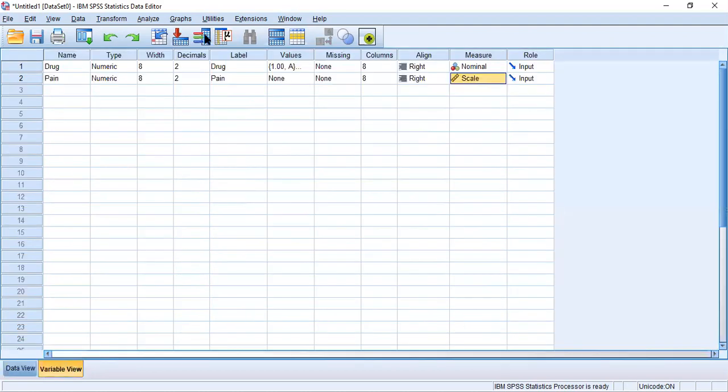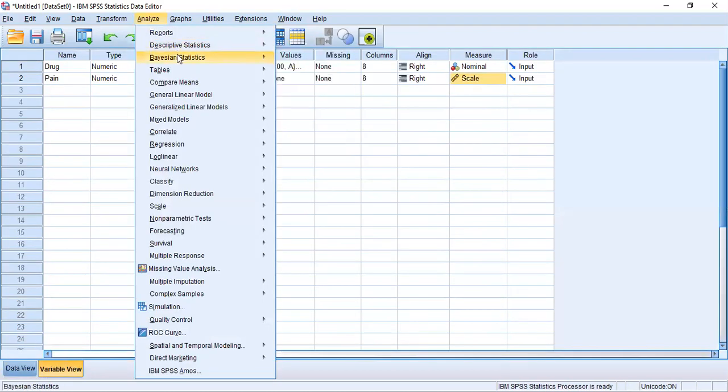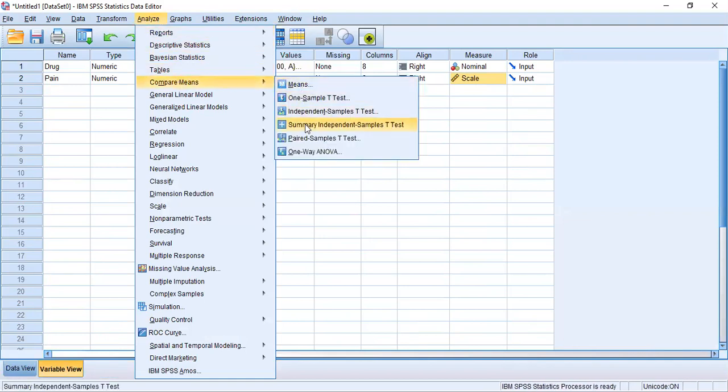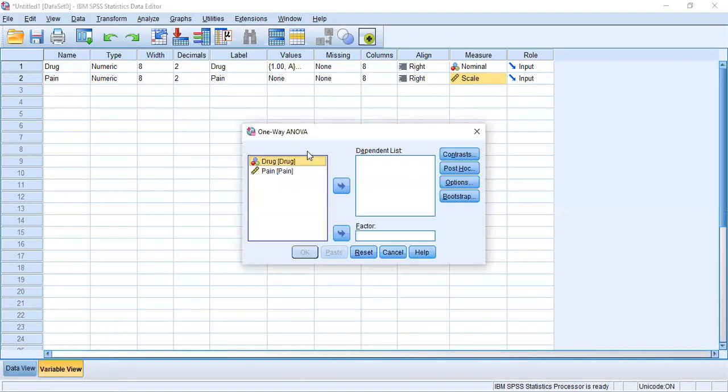Let's go for Analyze, Compare Means, and then we are going for One-Way ANOVA. We click on it. This is the data we are getting. Drug is the factor, which is the independent variable. Pain is the dependent variable.